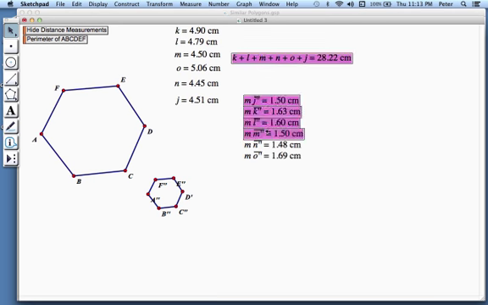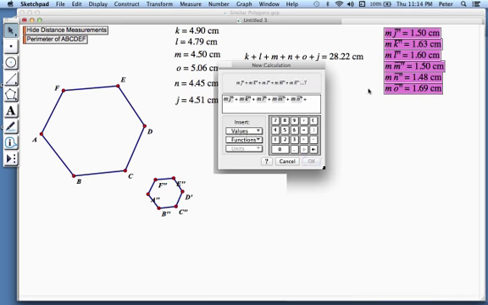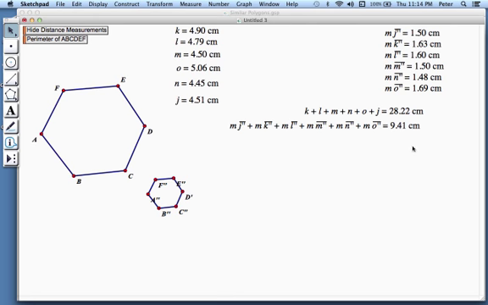Now, if I compare the perimeter of the small hexagon to the perimeter of the large hexagon, it should be the same ratio as the ratio of the sides. And I set the small hexagon to be 1/3 the size of the large one.